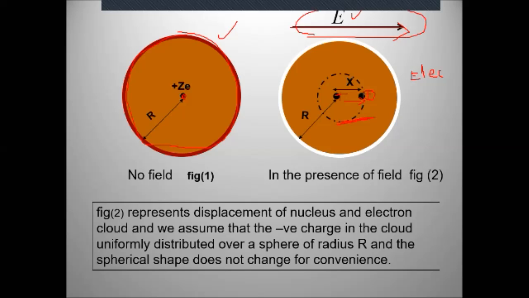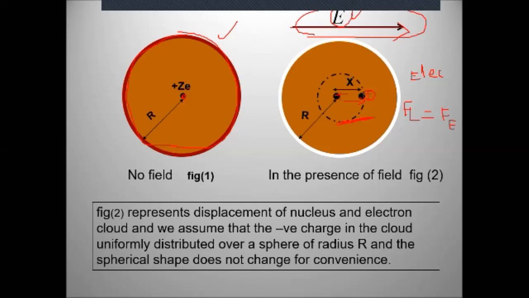There is an electric force because you are applying only an electric field. Are you clear and understood? Therefore, the Lorentz force is nothing but the electric force. The Lorentz force FL is nothing but Fe.